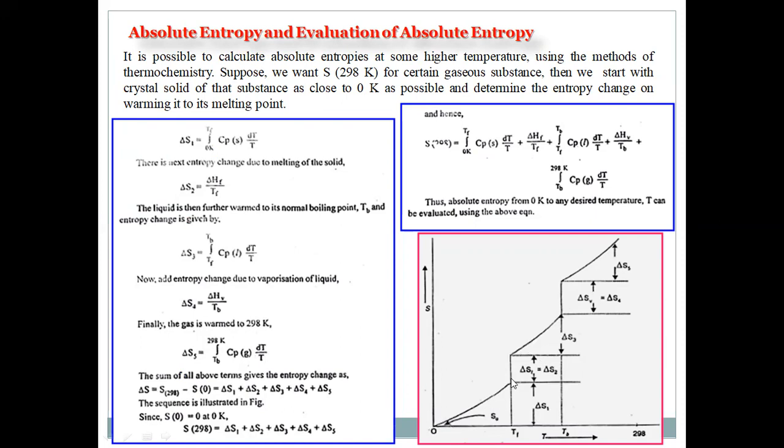First will be the fusion point. This is the temperature of melting of that crystal or solid gas substance. From this point it will be in the liquid state. At this point, it's the boiling point, that is, it starts boiling. This is the temperature where boiling is complete.